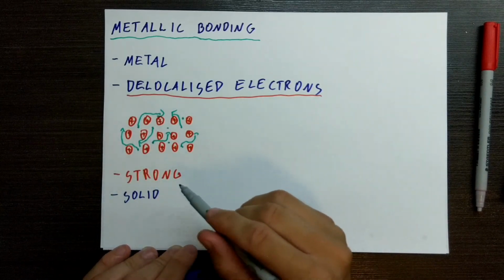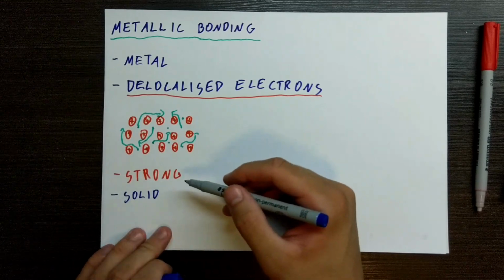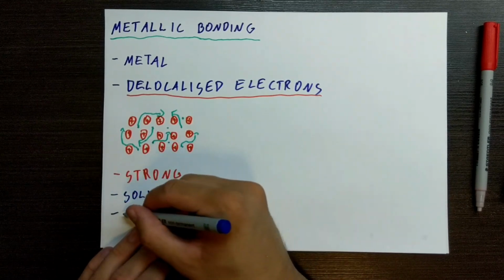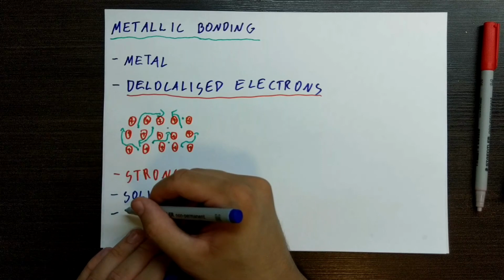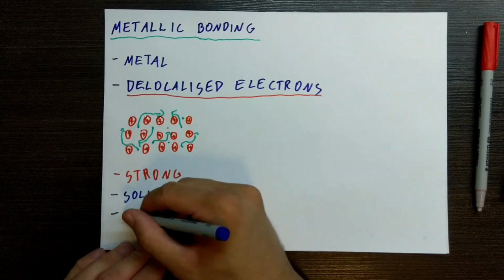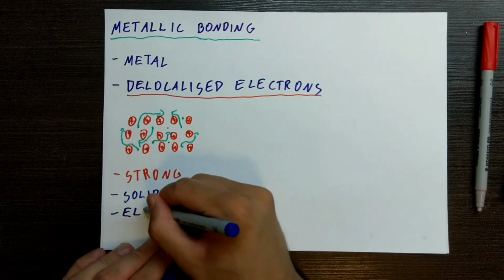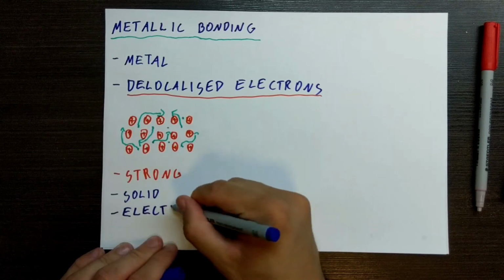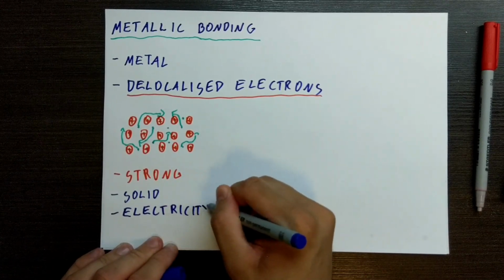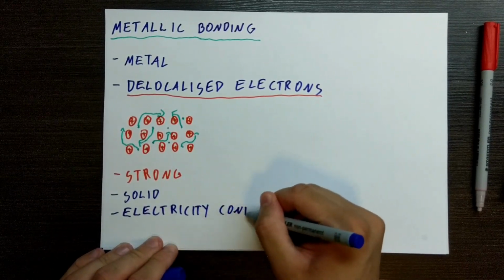Now, another property of metals is that they conduct electricity. They are electricity conductors. I'm going to write it down here. Electricity conductor.